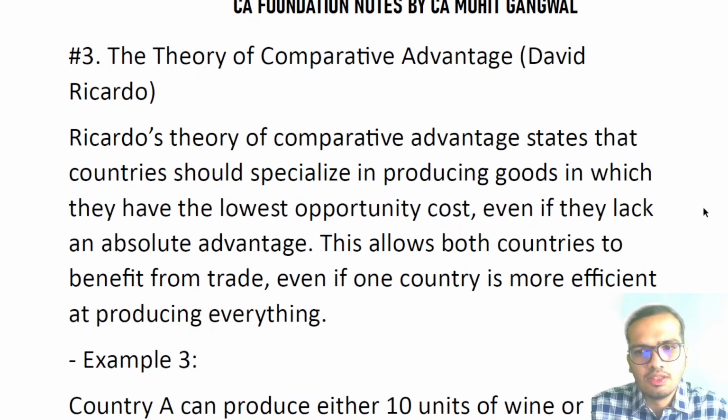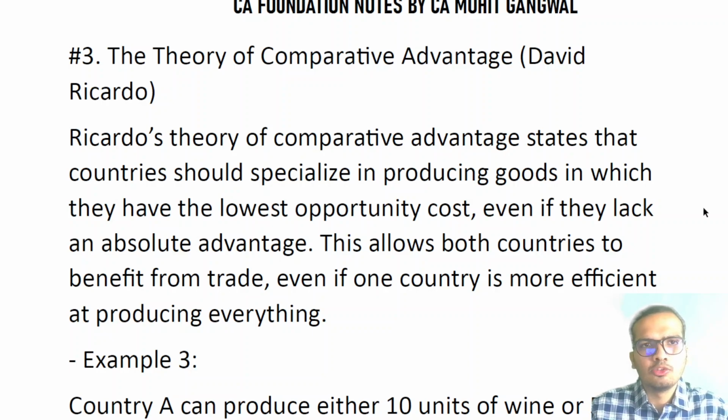Then comes the third theory, the theory of comparative advantage by David Ricardo. Ricardo's theory of comparative advantage states that countries should specialize in producing goods in which they have the lowest opportunity cost, even if they lack an absolute advantage.